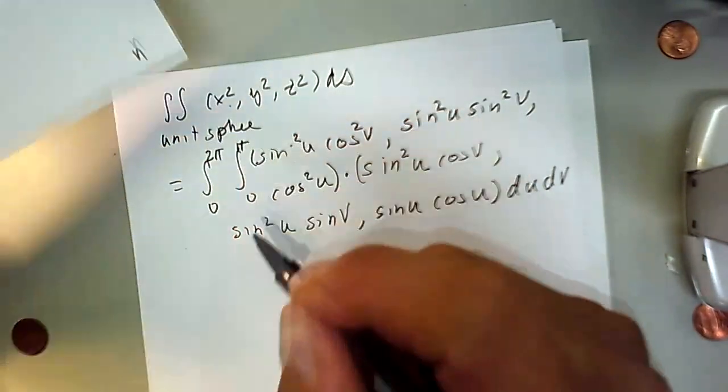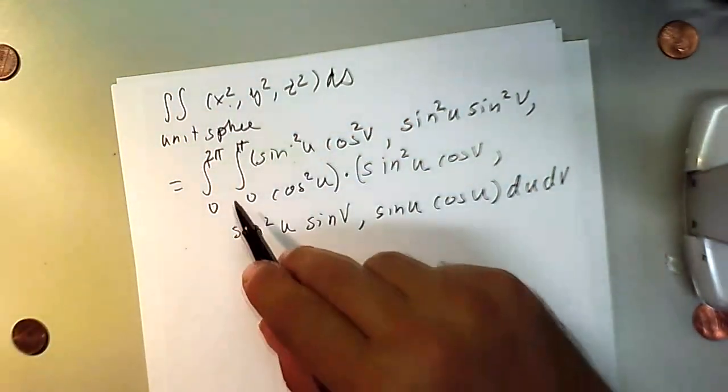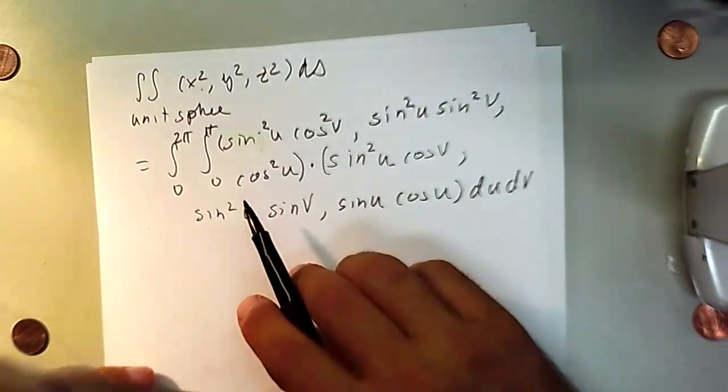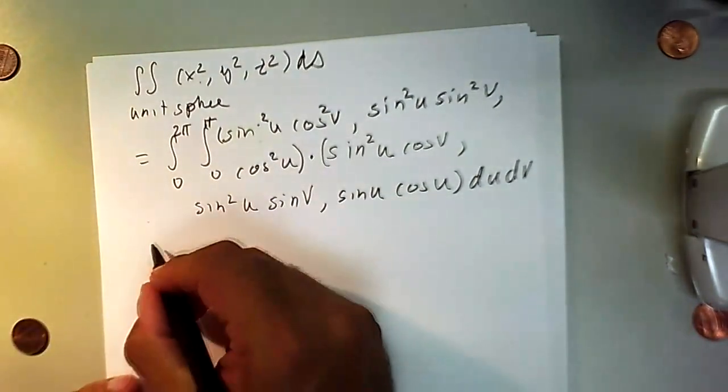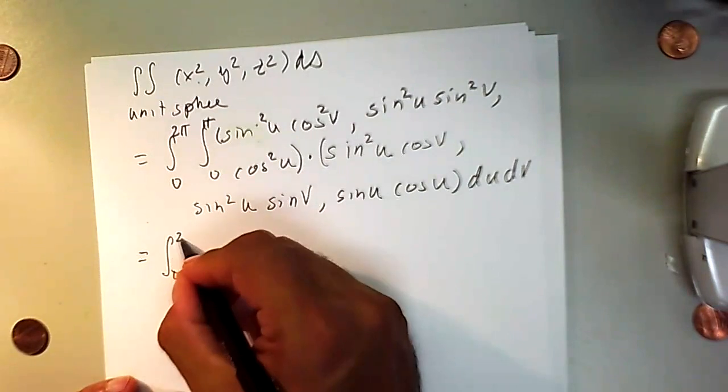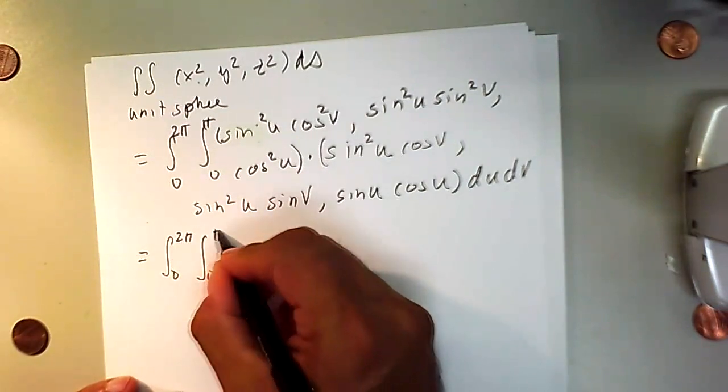Watch out, because one goes from 0 to pi while the other one goes from 0 to 2 pi.